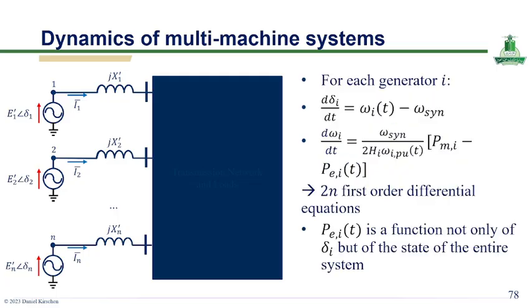systems. Okay, this slide presents the mathematical model used to describe the dynamics of a multi-machine power system. For each generator, two differential equations can be defined, one for the rotor angle and another for the rotor speed.